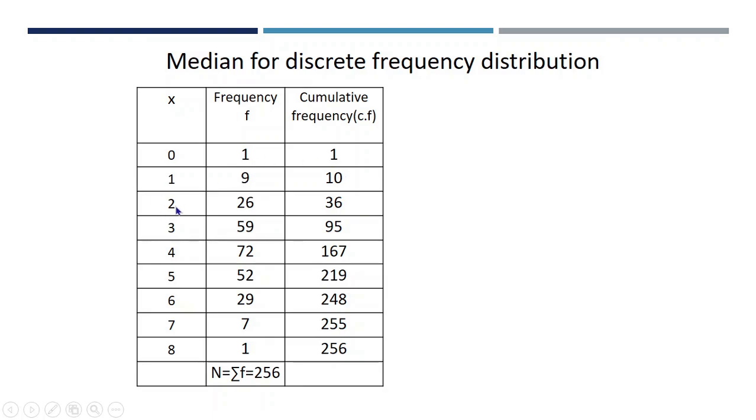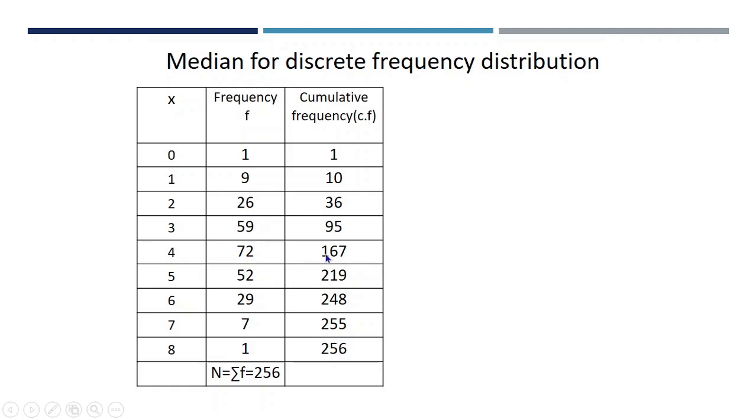Then the number of values which are less than or equal to 2: 26, plus the values less than or equal to 1, so 26 plus 10, 36. Now for 3, the cumulative frequency is 59 plus 36, 95. For 4, cumulative frequency is 72 plus 95, 167. And for 5, cumulative frequency is 52 plus 167 is equal to 219.